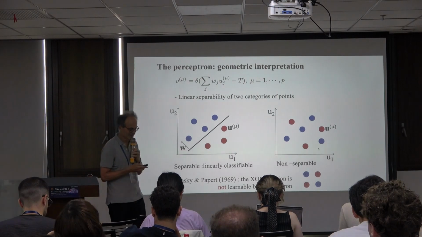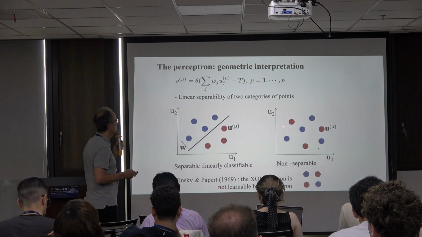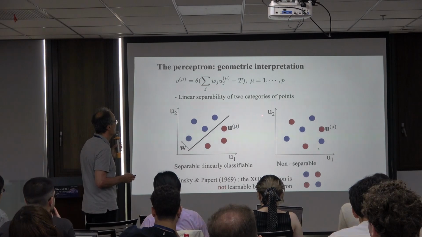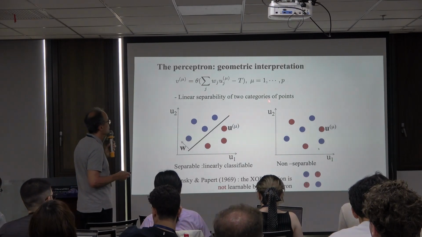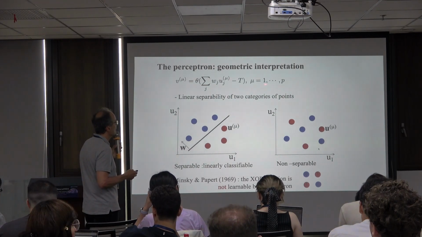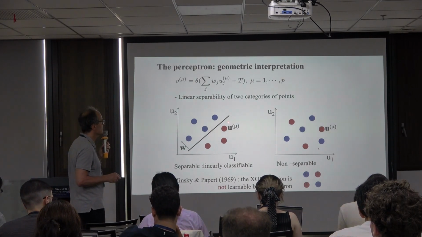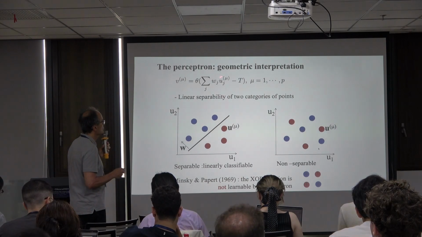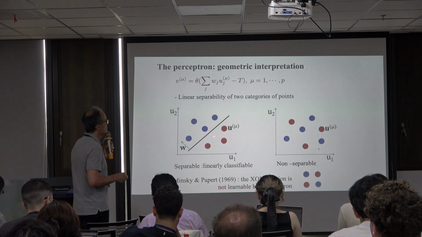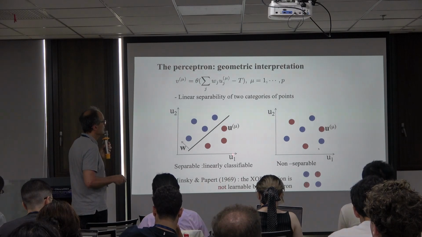So as Mitya was showing this morning, the task is a discrimination task. What you would like to do with this machine is discriminate. Here I put it in 2 dimensions.